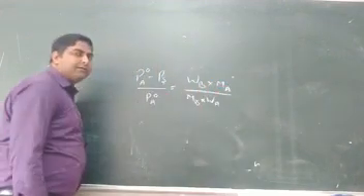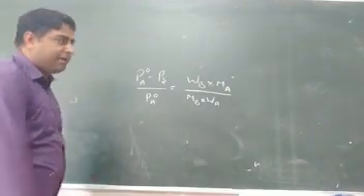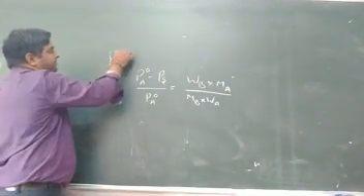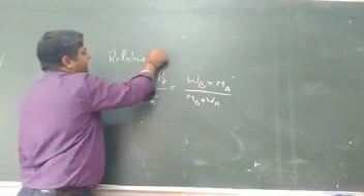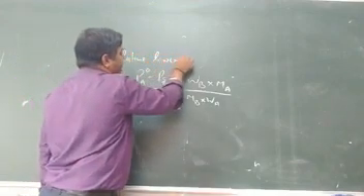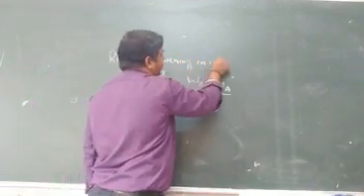This is the first colligative property that we have done, known as relative lowering of vapor pressure.